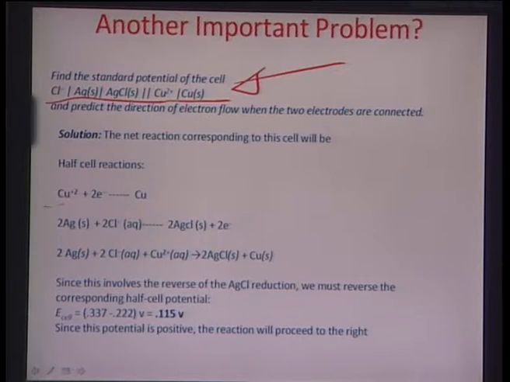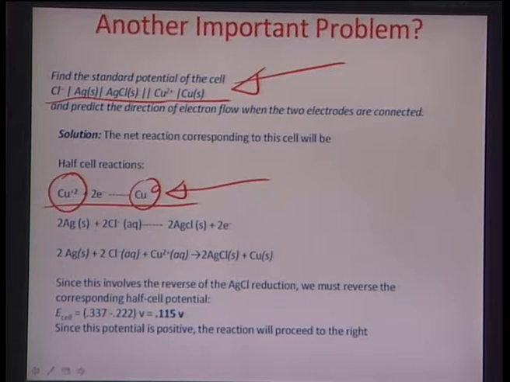The right side, that is the cathode, is a conversion of the Cu2+ form to Cu 0 with 2 electrons. And on the silver chloride side, you have 2 Ag plus 2 Cl minus giving 2 AgCl.